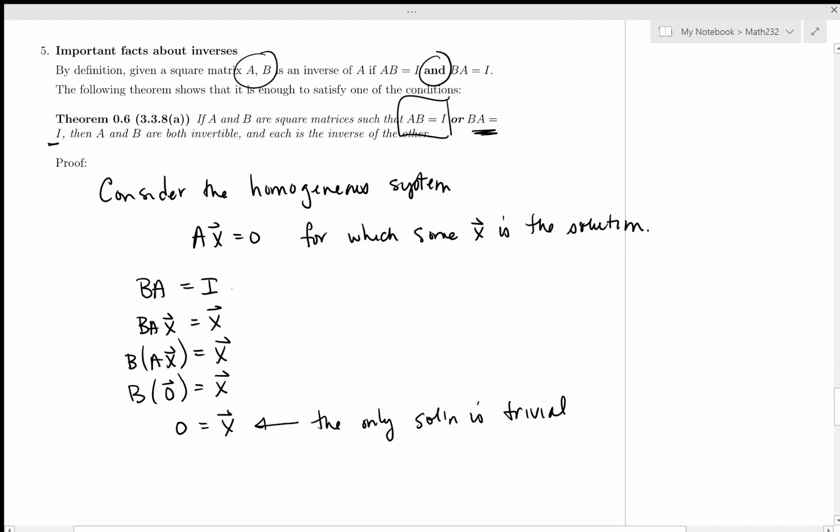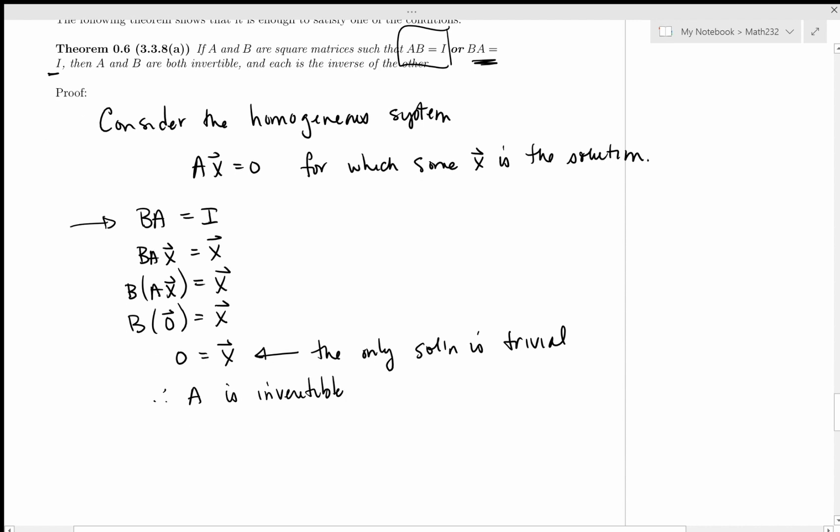So we started from BA equal to I, and we found out the only solution to the homogeneous system is the trivial one, and that tells you A is invertible. And we had that BA is I, and therefore B has to be the inverse.